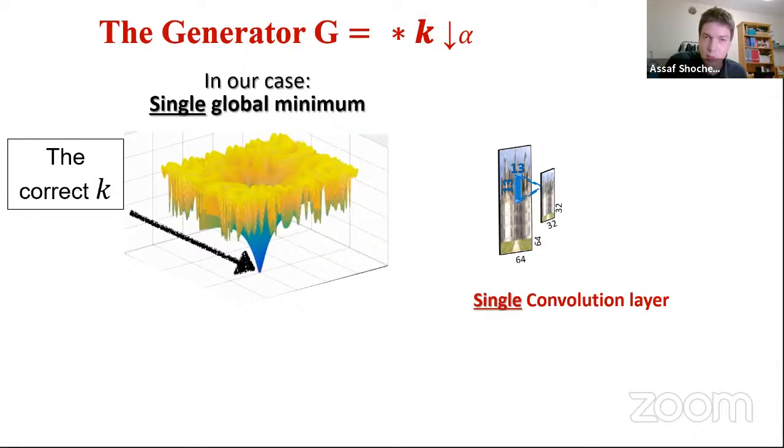And there is only one like this that exists. So it turns out that we break this paradigm and create this optimization surface where there is only one good solution. All other local minima are just not as good as this correct kernel.